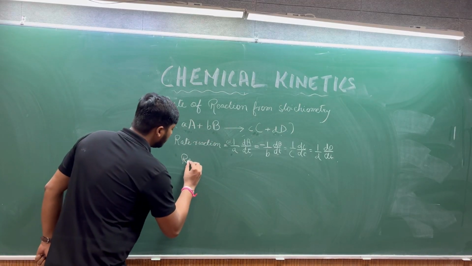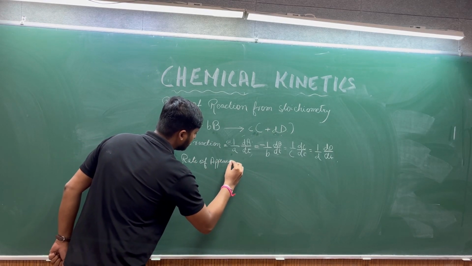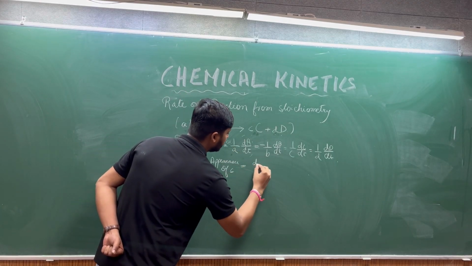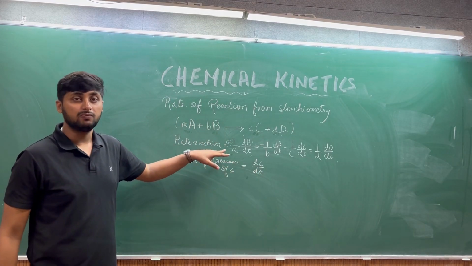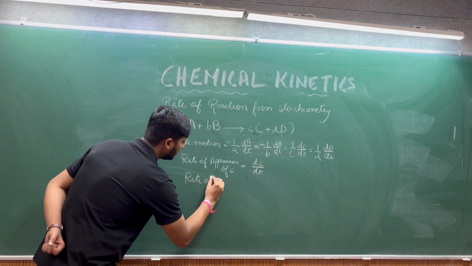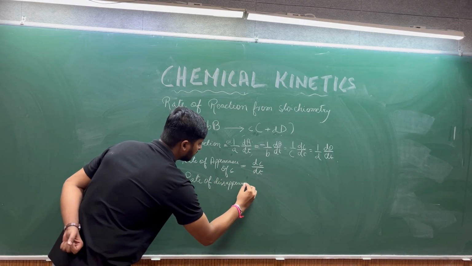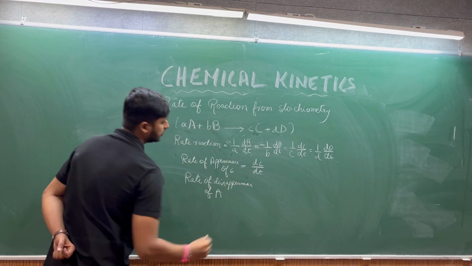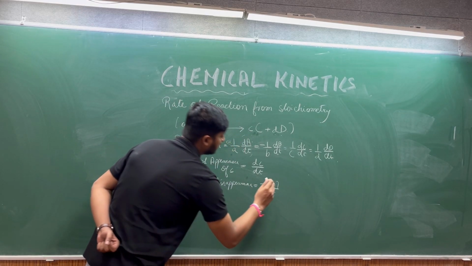So the rate of appearance of C will be just dC by dt. We don't have to divide it by the stoichiometry or the number of moles of that product. Or suppose the rate of disappearance of A, so it will be just minus dA by dt.